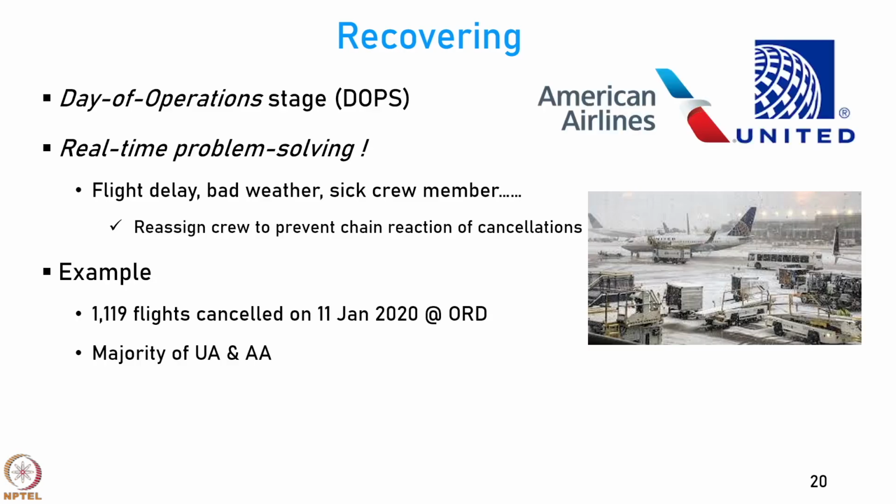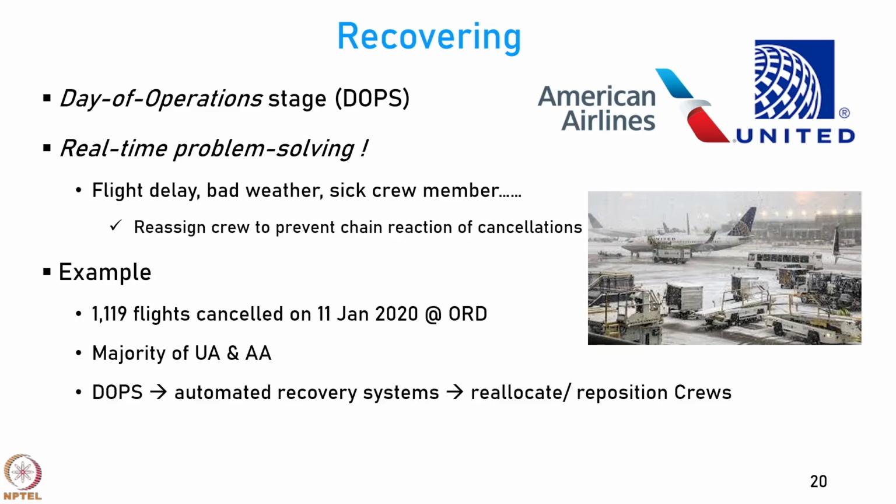Now, the majority of the flights which were cancelled in this particular incident were from these two airlines, United and American. Both of these airlines have a very well established DOPS system. So, the DOPS was used as an automated recovery system to reallocate and reposition the crew members, and because of that, a large number of flights, their schedules could be recovered despite serious weather problems.